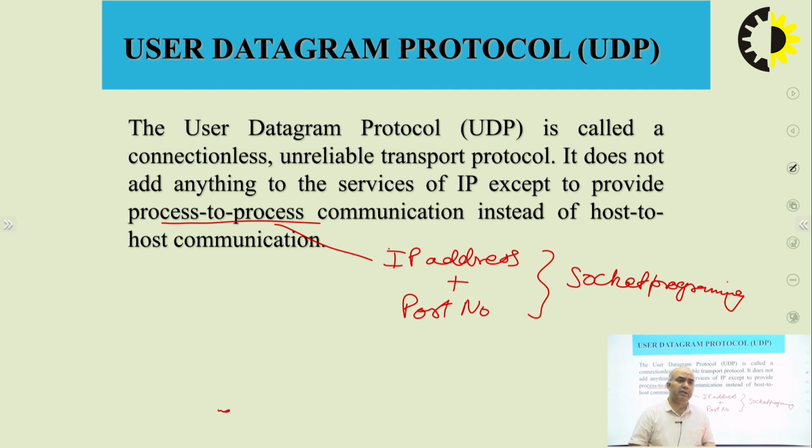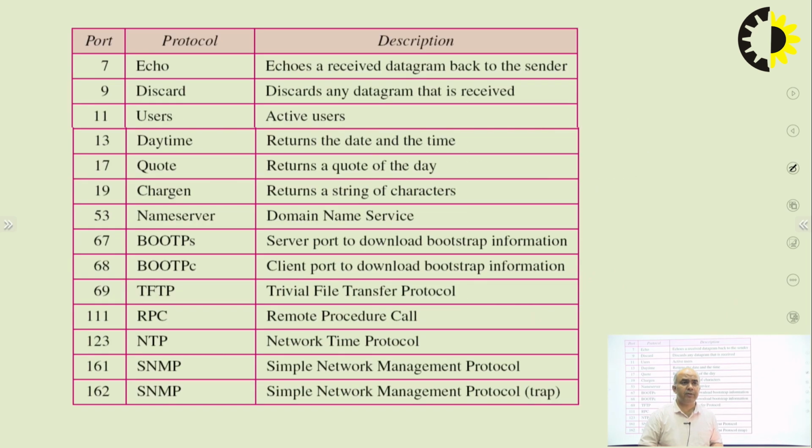It is the responsibility of the receiver to collect the data and synchronize it at their own end. These are the well known port numbers with respect to UDP, in which we have echo, discard, daytime, quote, chargen, and name server, and so on.